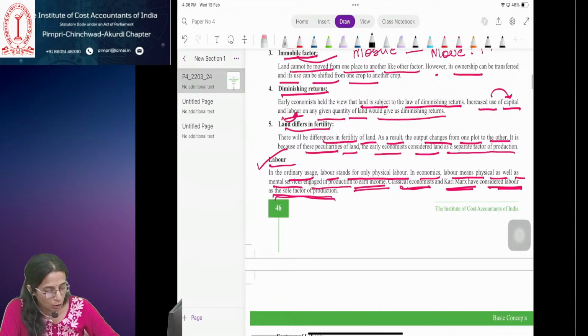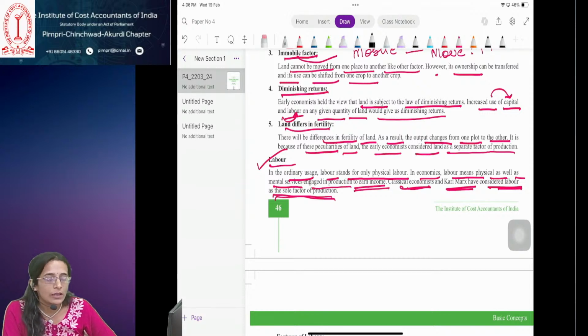Now we will move on to labor. What is labor? In economics, we know physical labor, right? The person who works in an organization, or on agricultural land, or in some workshop is a laborer.